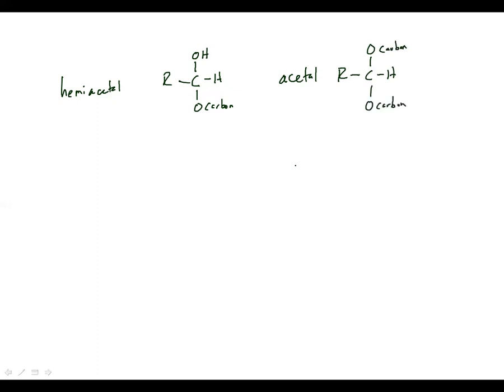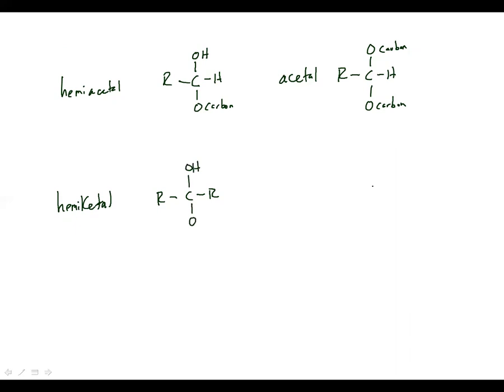And if you have a hemiketal, which basically started from a ketone, you would have 2 R groups, which again are just carbon hydrogens. You'll have an OH group and 1 oxygen carbon group.